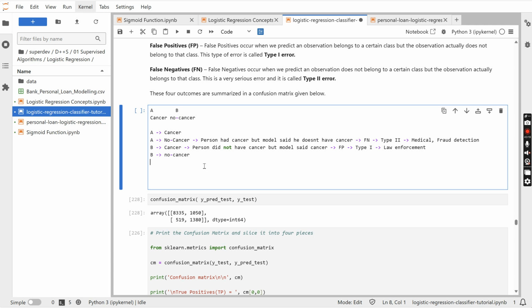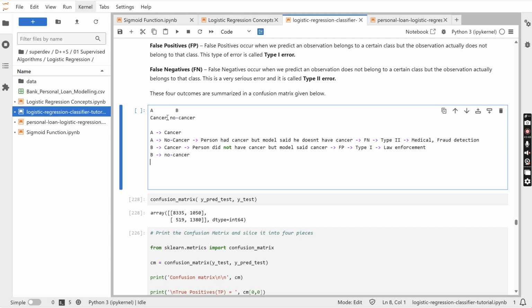How do I put it in simple terms? Let's just say, out of these two patients, for one patient the model is saying the person doesn't have cancer. Let's just say that patient is A. In reality he has cancer, but the model is saying he doesn't have cancer.